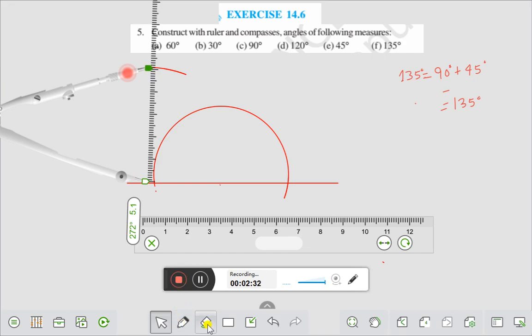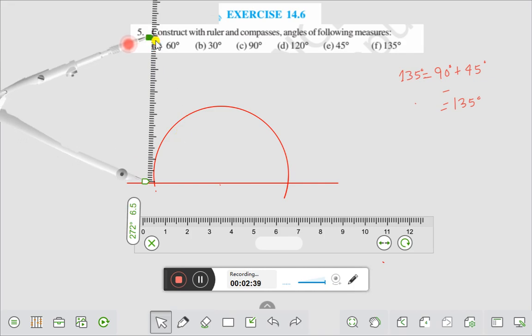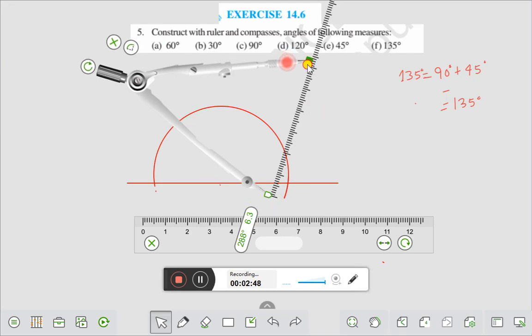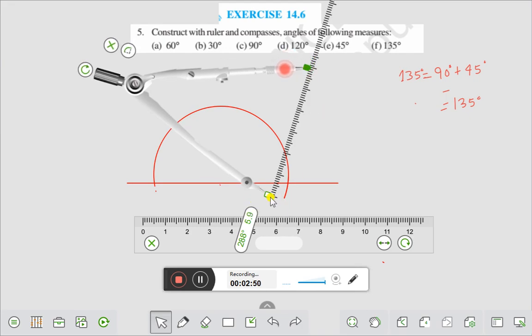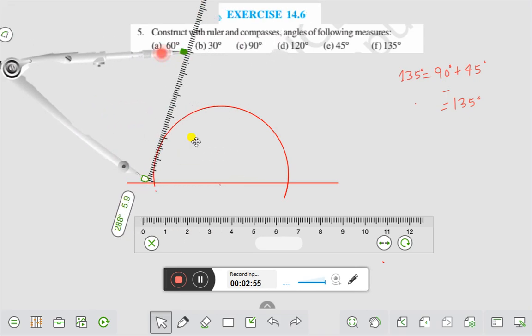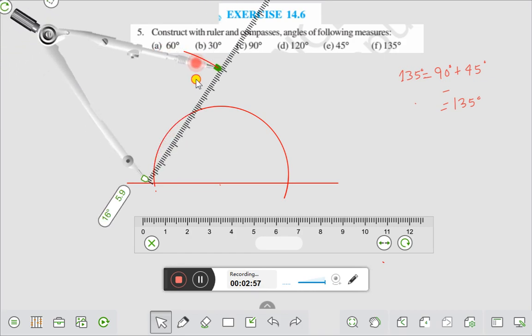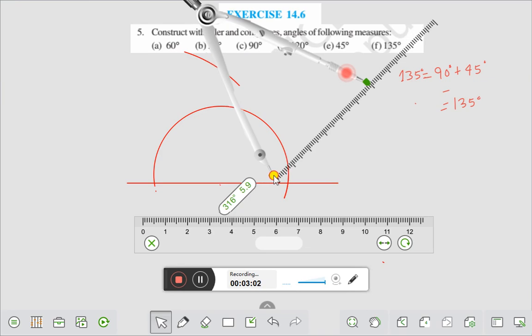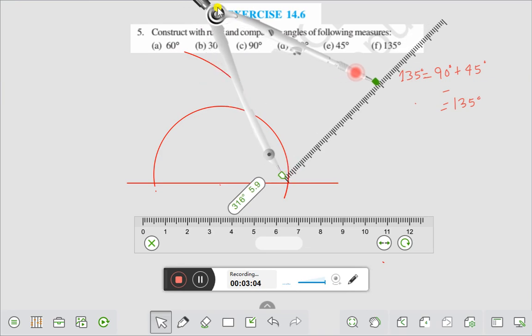Let us rub this one, right? We have to increase this one point. Let us take this point here, draw an arc, and taking this pointer at this point, draw another arc.